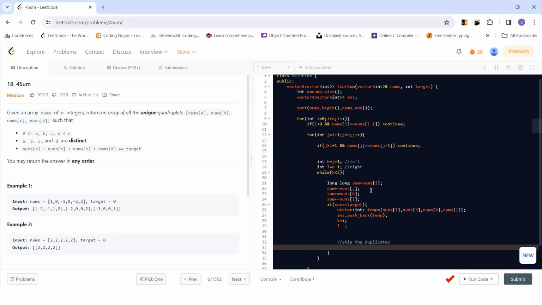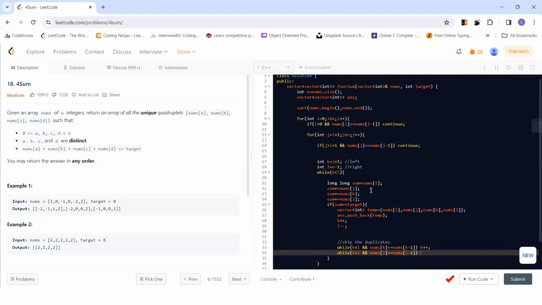So for this condition, we have while k less than l and nums of k is equal to nums of k minus 1, then we need to increment our left pointer. Same thing for the right pointer, nums of l equal nums of l minus 1.